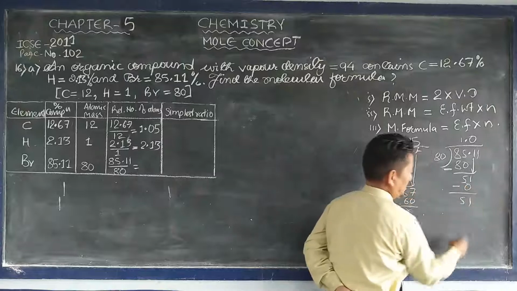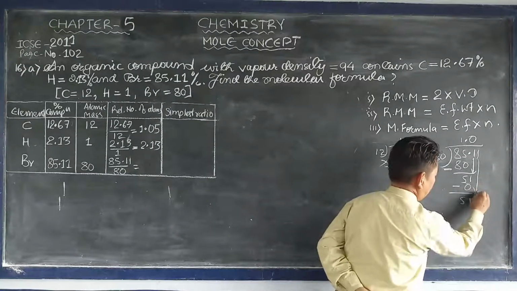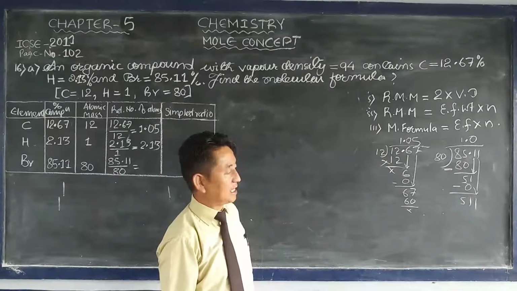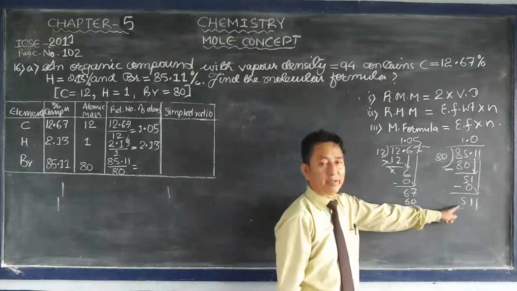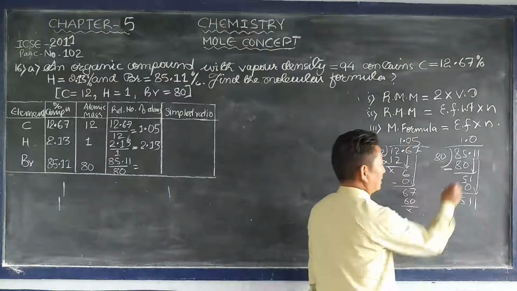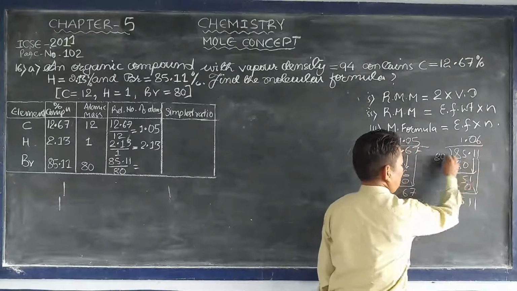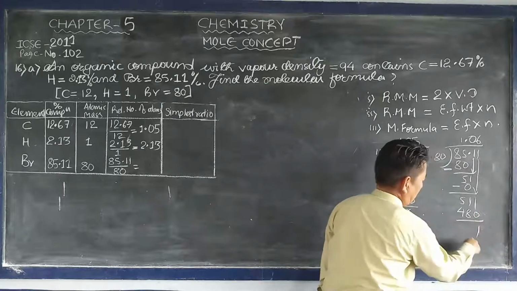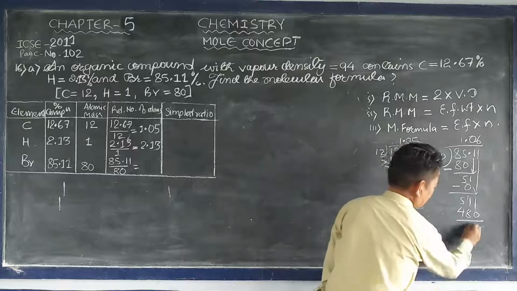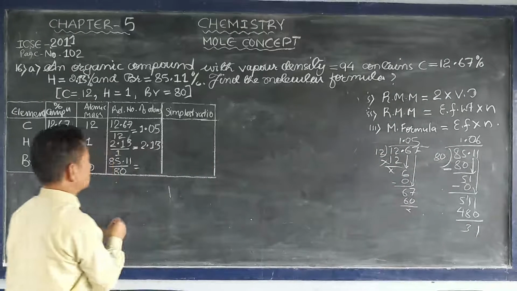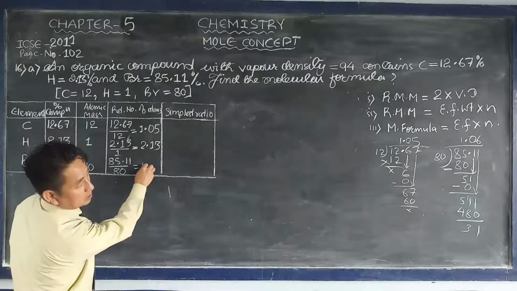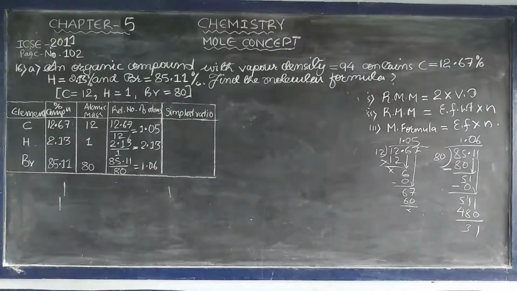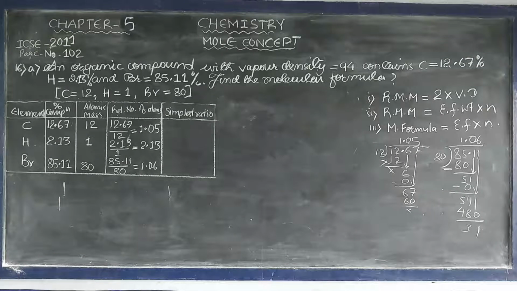Subtract this 51. Then here 1. Now here 7 8s are 56, here 51. So 6 8s are 48. Now 11 minus 8 is 3. We'll write till there, 1.06. Now next your simplest ratio you have to find out.